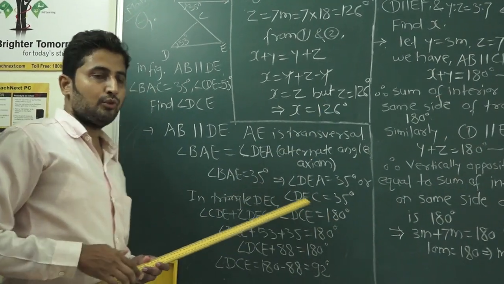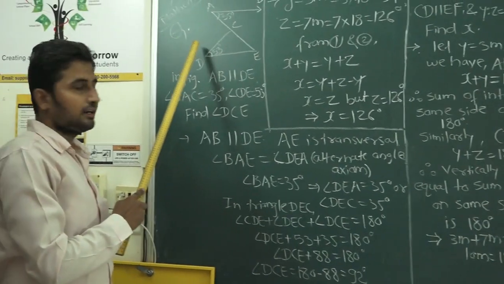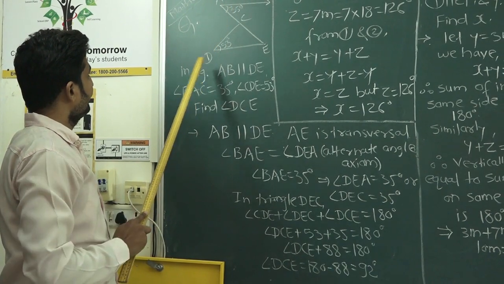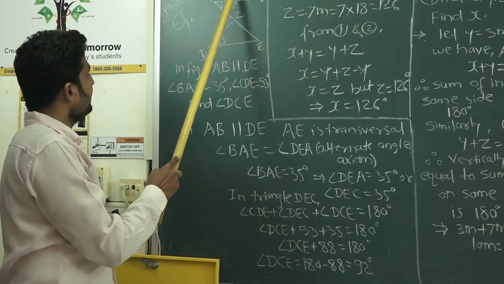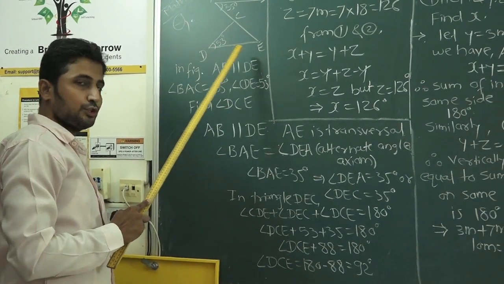Dear students, we have one more problem here. The next question is, one diagram, one figure is given. In this figure, it is given that AB is parallel to DE, right?